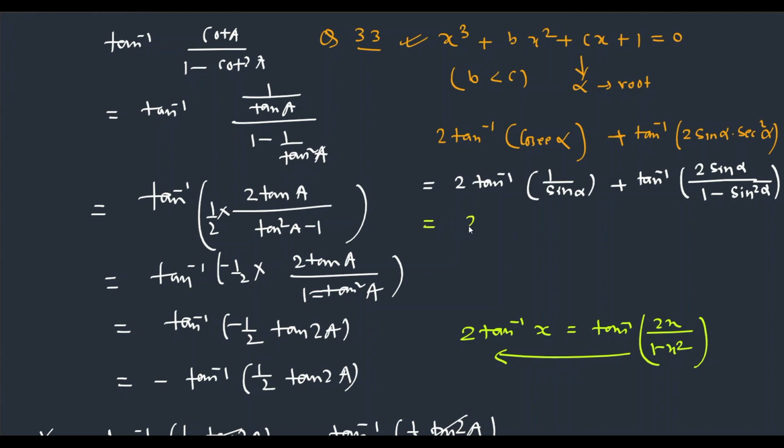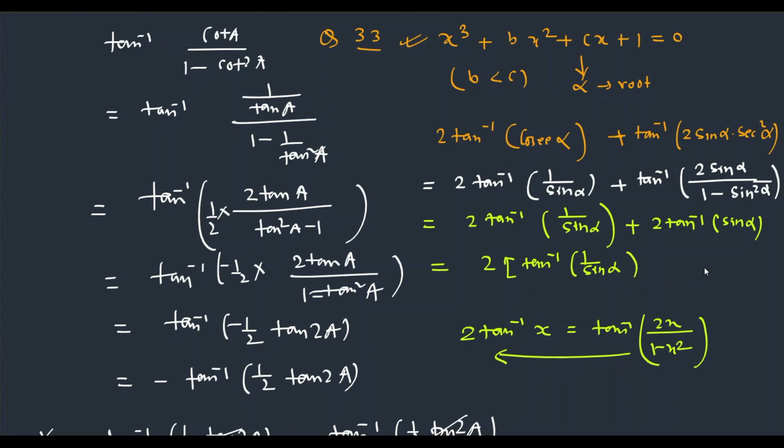In the next line we have 2 tan inverse 1 by sin alpha, and here we have 2 tan inverse sin alpha. Your angle is sin alpha. From both we can take 2 outside, so 2 tan inverse of 1 by sin alpha, and here tan inverse of sin alpha. Is it okay now?